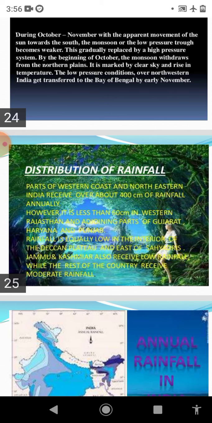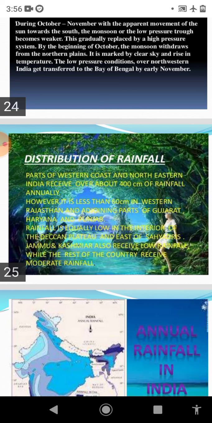Then areas of moderate rainfall, between 50 to 100 centimeter: Upper Ganga Valley, eastern Rajasthan and Punjab, southern plateau of Karnataka, Andhra Pradesh and Tamil Nadu. Then areas of scanty rainfall, that is less than 50 centimeter: northern part of Kashmir, western Rajasthan and Punjab and Deccan Plateau. Rain shadow area of western Ghats in Deccan Plateau.